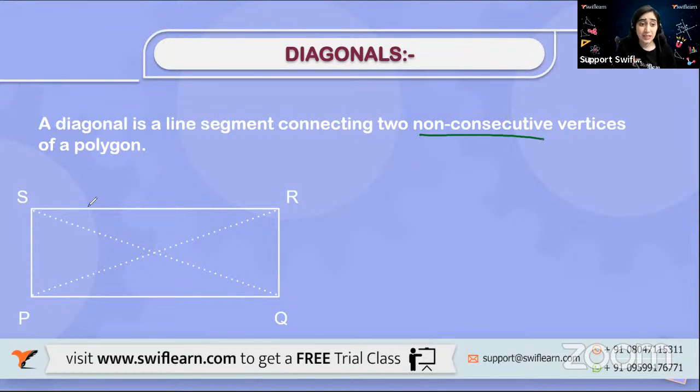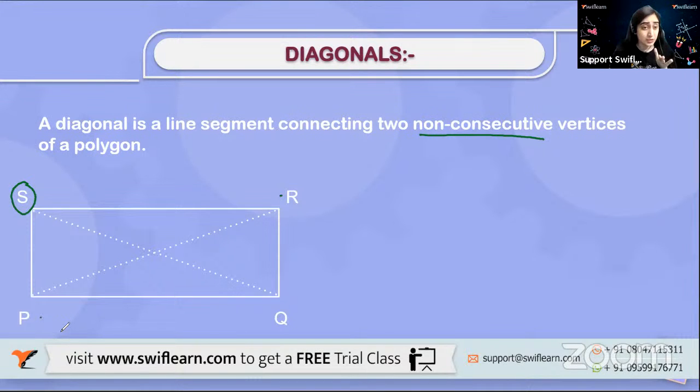If I talk about a vertex S, then R and P are adjacent to it. From S, the next is R, and from S, the next is P. But which is the vertex which is far, which is not close to S?